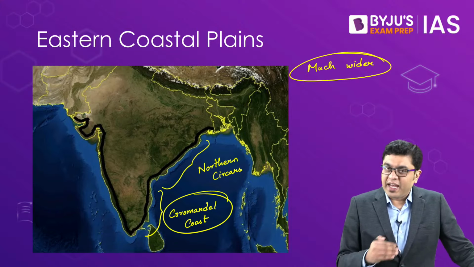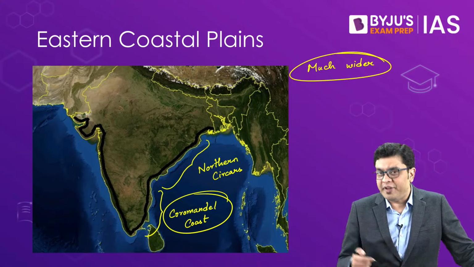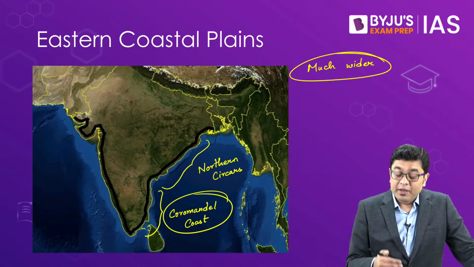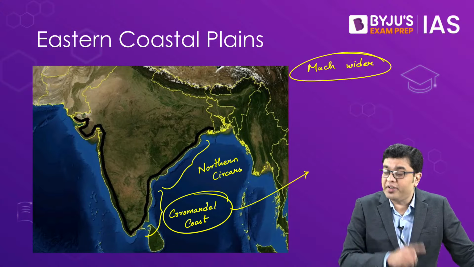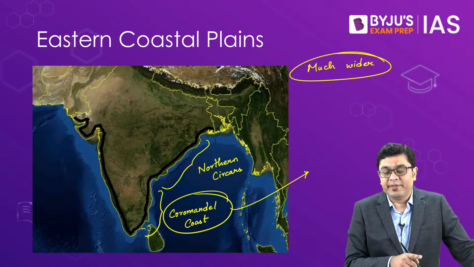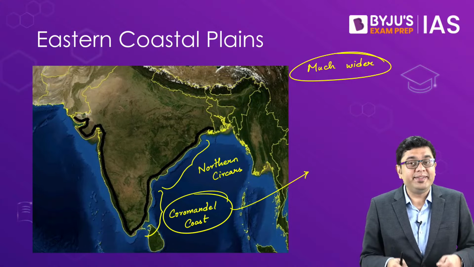Now, the rainfall distribution across these areas ends up varying. For example, the Coromandel coastline does not receive rainfall during the advancing monsoons. That is the season that we are in.